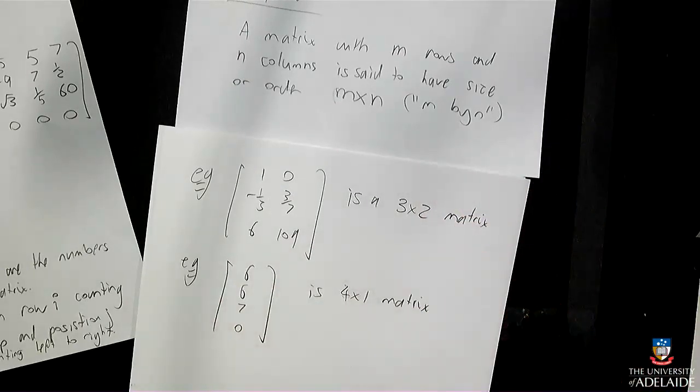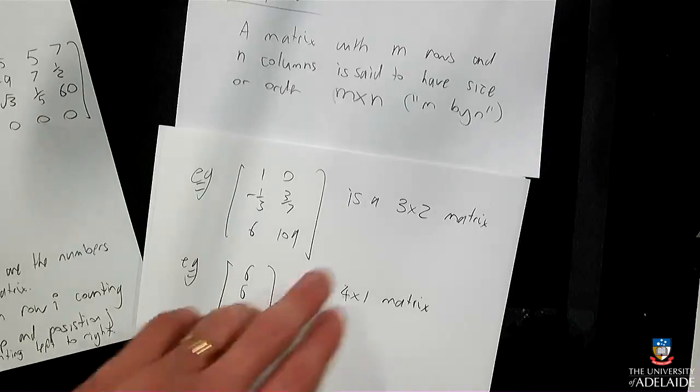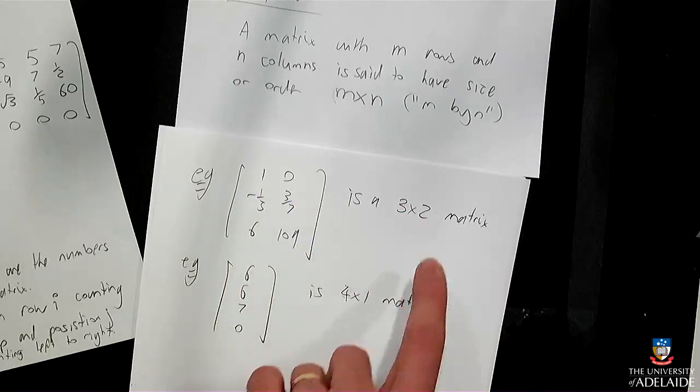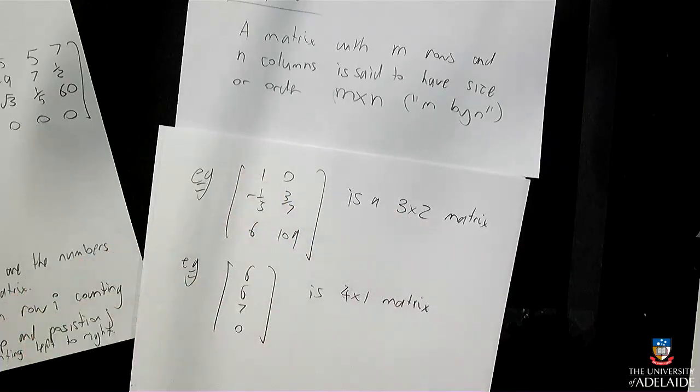Okay, so let me point something out. We can already say something. Every row of an m by n matrix has n entries. So every row of this 3 by 2 matrix has 2 entries in it. And every column of this 3 by 2 matrix has 3 entries in it. So that's useful to know.